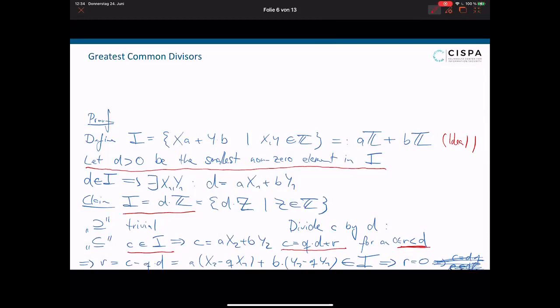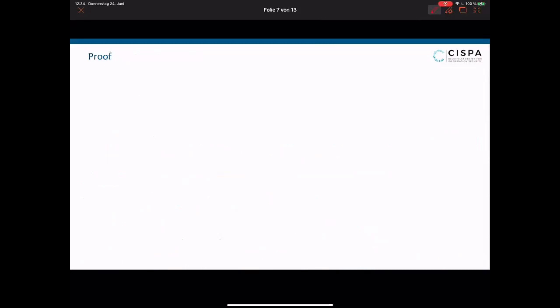And we said d is the smallest non-zero element in the ideal. So r must be 0, which means, of course, that c equals q times d, and that's, of course, in the ideal generated by d.